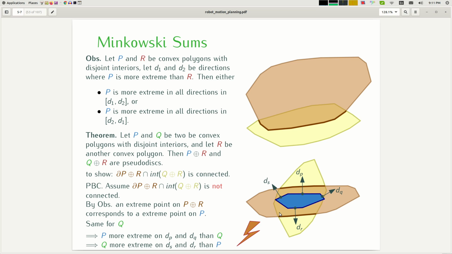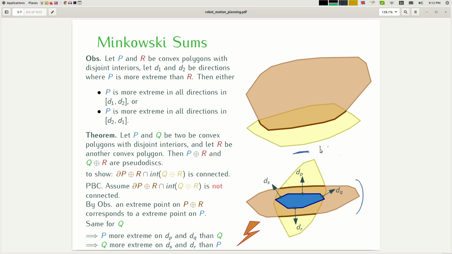So what happens here is that along this direction we obtain that P, the blue one, is more extreme than Q, because along this direction P plus R was more extreme than Q plus R. So if I look at this direction, we have blue here. Around here we have Q, or sorry, P. P is extreme.